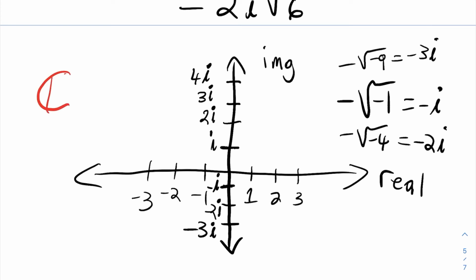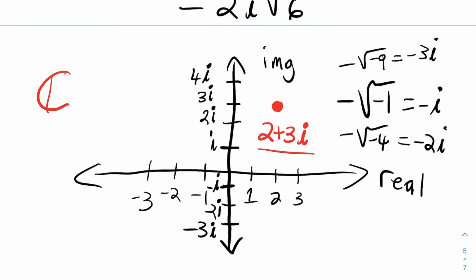The set of complex numbers involves real numbers from the real number line being added to the imaginary numbers from the imaginary number line. So for instance, there would be this lattice point right here where the real number is 2 and the imaginary number is 3i, and that would be the point that represents the complex number 2 plus 3i.